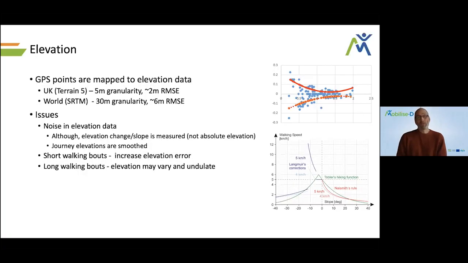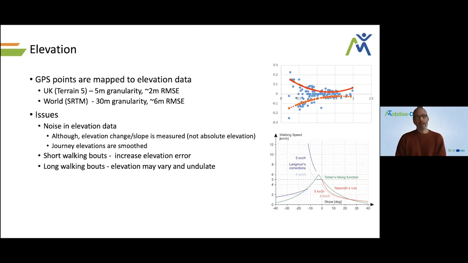So in terms of the issues with this data, elevation data always comes with noise. Less so for the country-specific data, but it's not so much an issue in our case because we're just dealing with elevation change rather than absolute elevation. And also, for people's journeys, we smoothed the elevation.